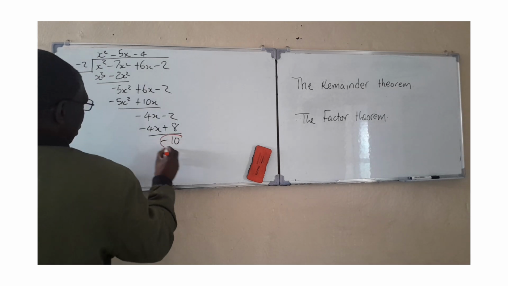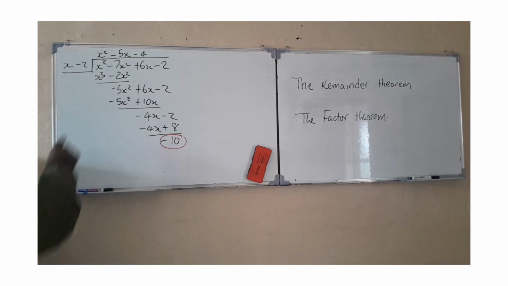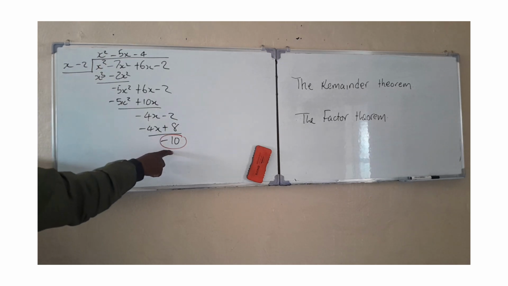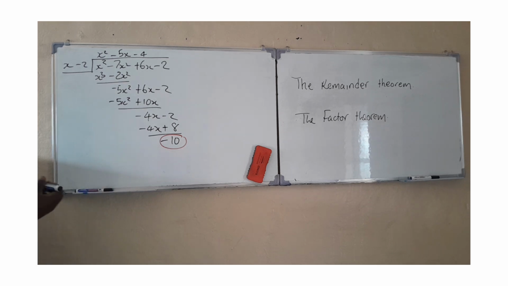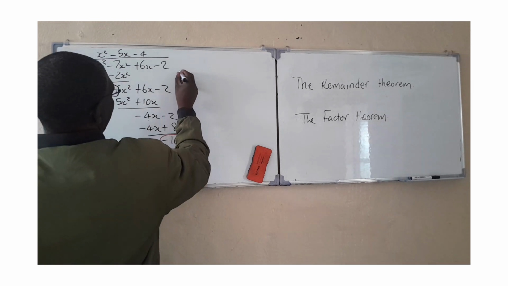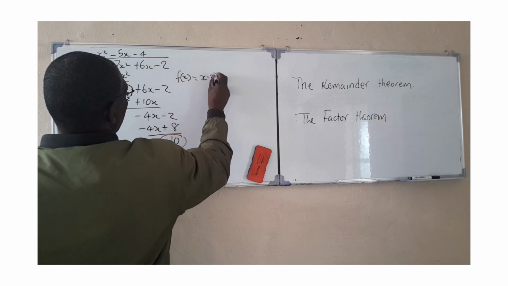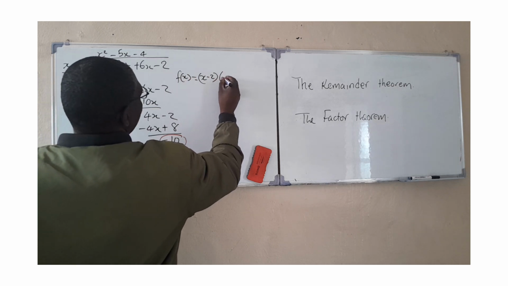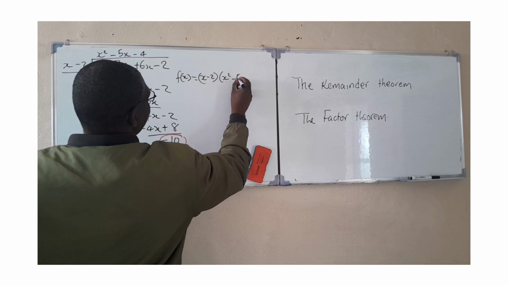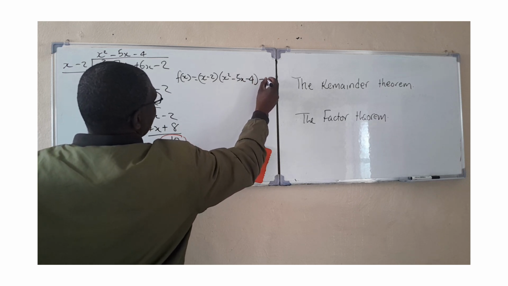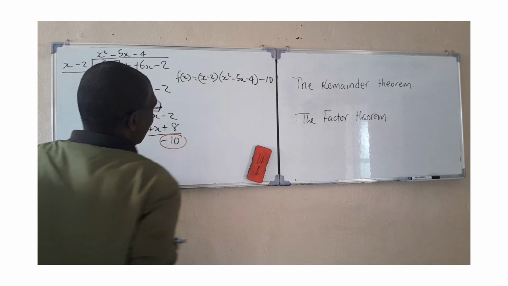This means that this function f of x is equal to this multiplied by that, plus the remainder. So we can write this as f of x is equal to x minus 2 multiplied by x squared minus 5x minus 4, plus the remainder.